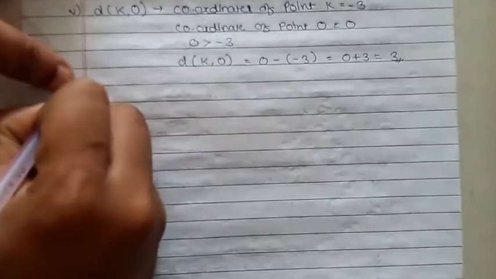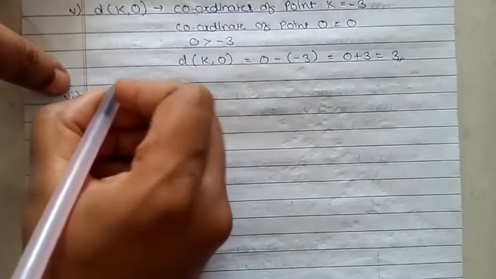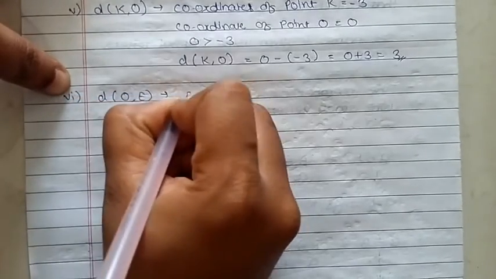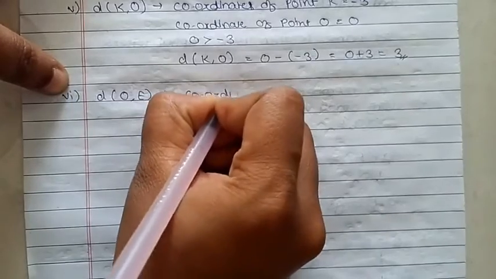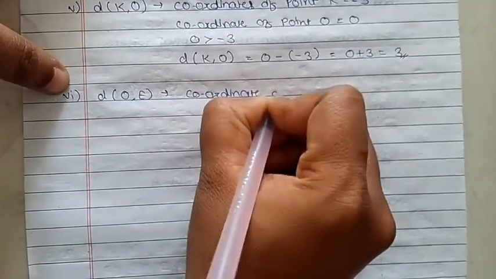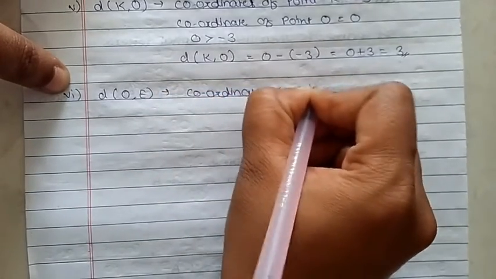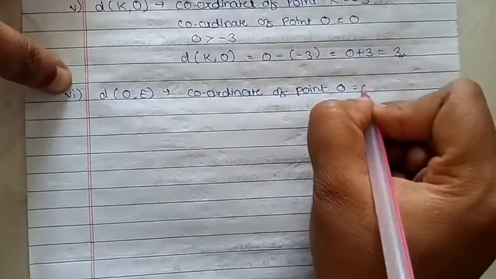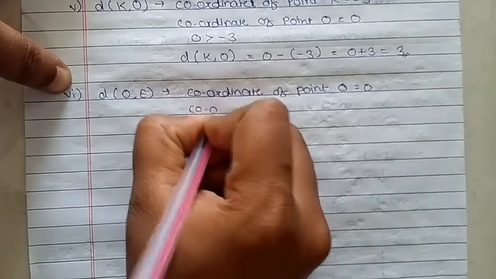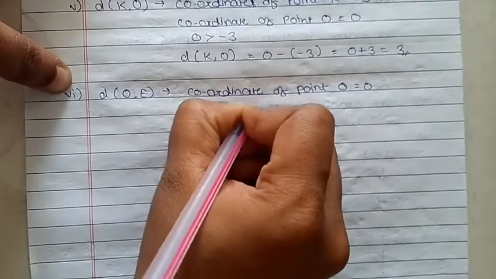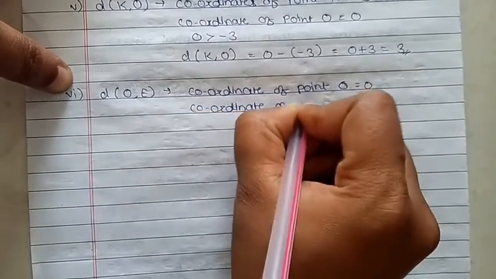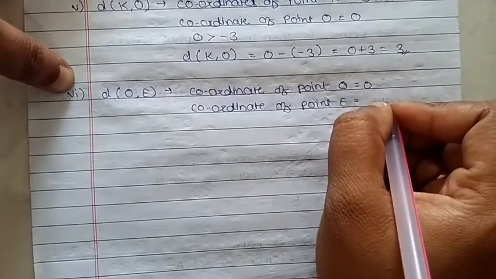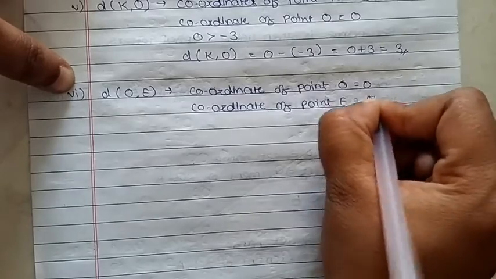Next, the 6th one. What is the 6th one here? That is the distance between O and E. So the coordinate of point O is equal to what? 0. Then the coordinate of point E. The coordinate of point E is what? 5.